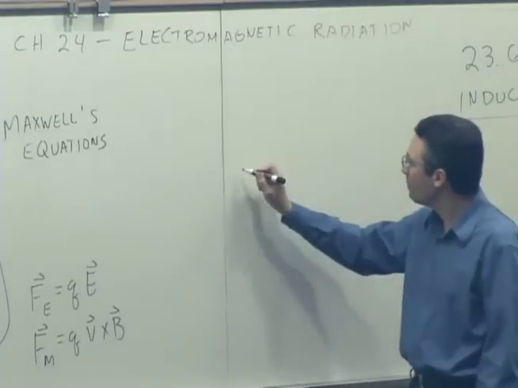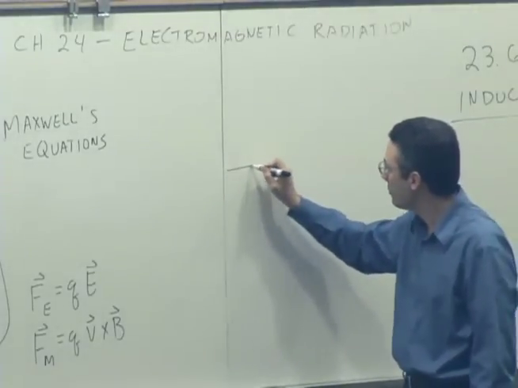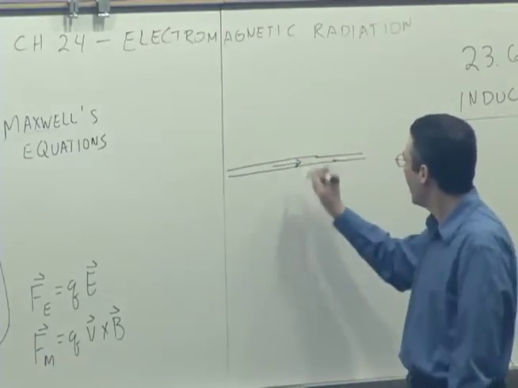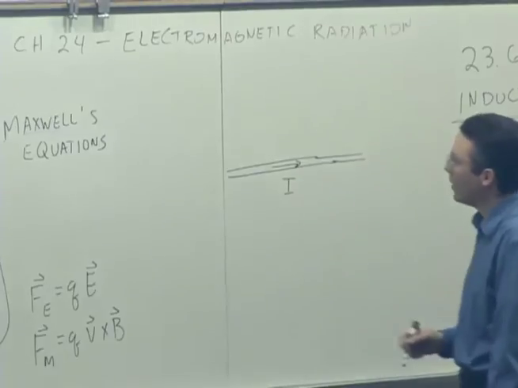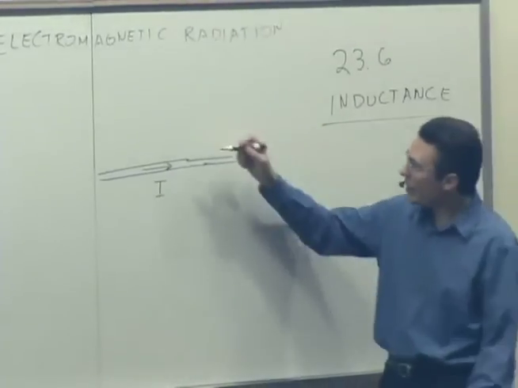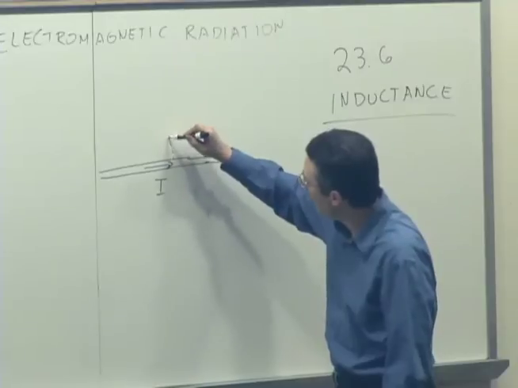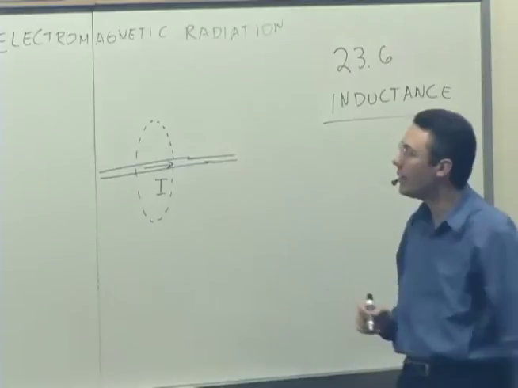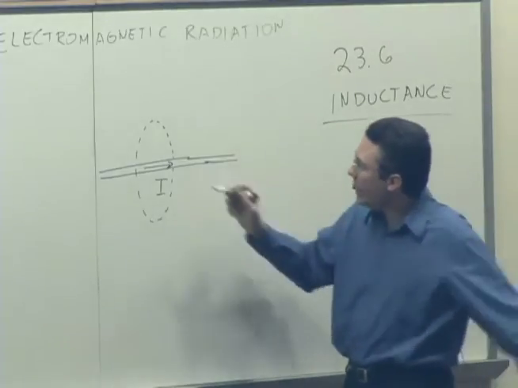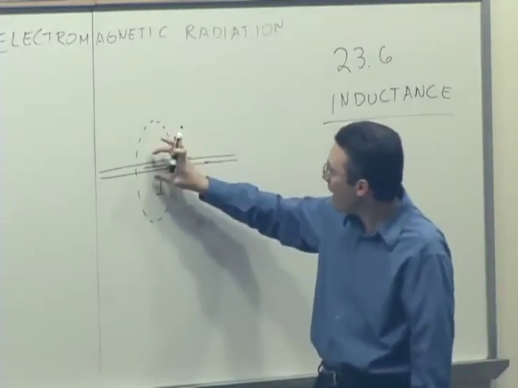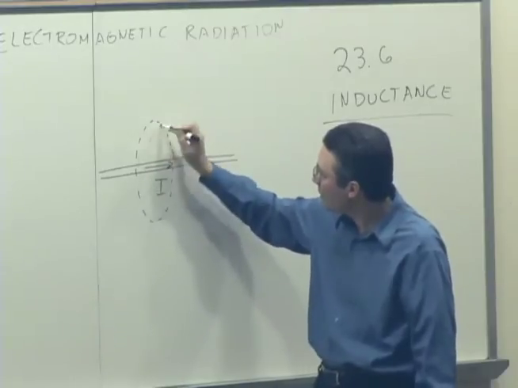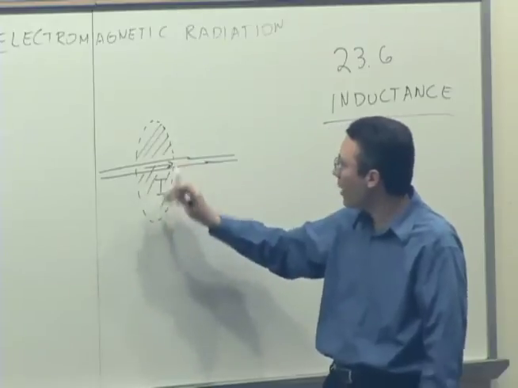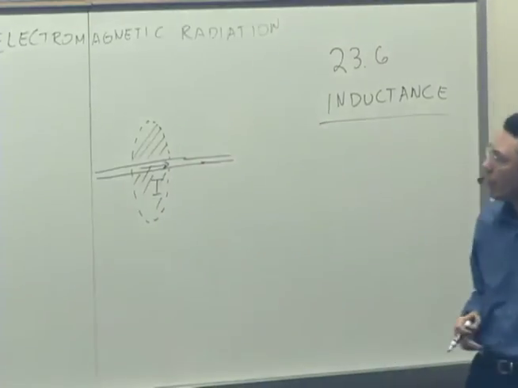Let's say you have a wire, okay? And there's a current in it. And Ampere's law says that if you imagine a loop surrounding that wire, so this wire is going through this loop, so I'm kind of drawing it in perspective here, then the enclosed current is going to be thought of as if I imagine a surface that was stretched over that ring or that loop surrounding that wire.